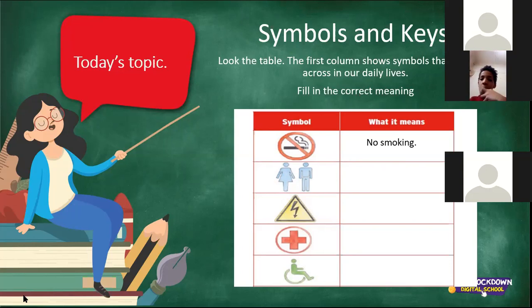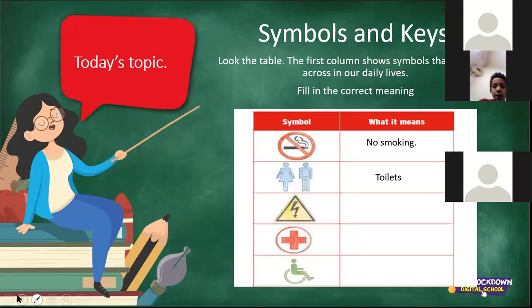What's that symbol? Man and woman. It means a man and a woman. Where do you usually see this kind of sign? In the bathrooms. That's correct. Thank you, my boy. Yes, we see it in the bathroom. It's a sign for toilets.